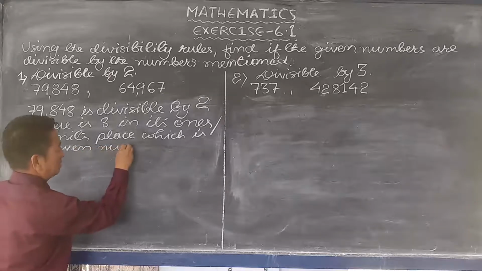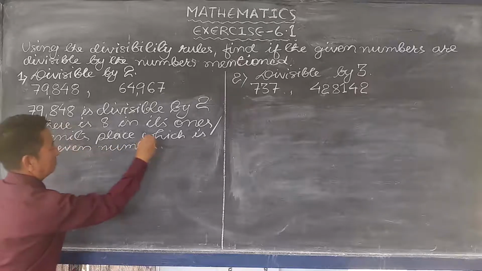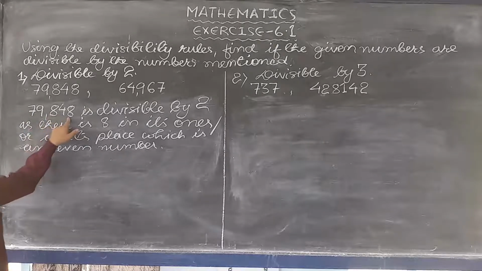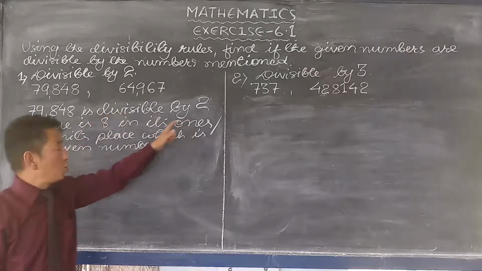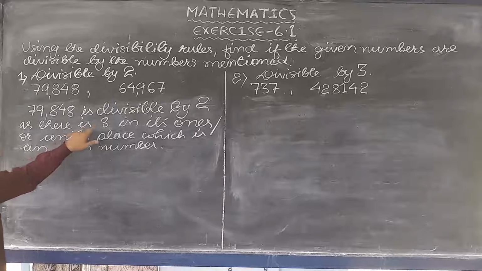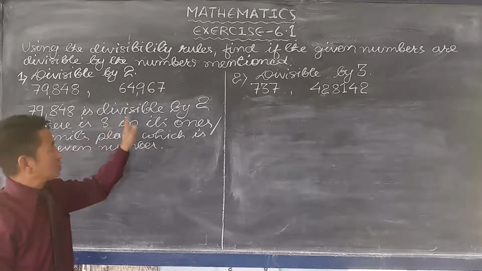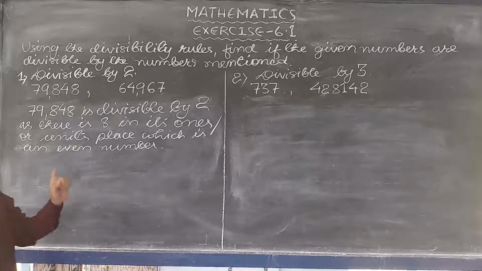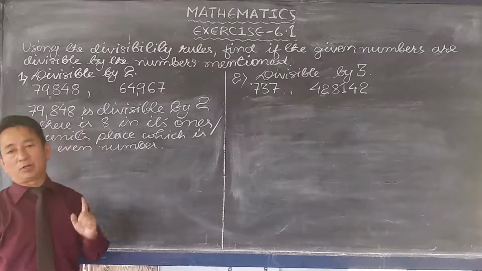As you know, an even number is always divisible by 2. 79,848 is divisible by 2, as there is 8 in its ones or unit place, which is an even number. Even number is always divisible by 2.